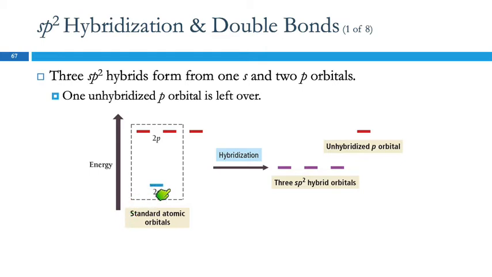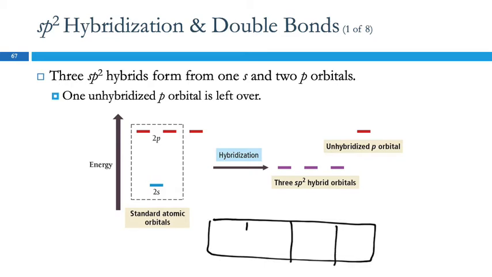So what if we take our 2s orbital and hybridize only 2 of the p orbitals and not all 3? These are supposed to be beds.